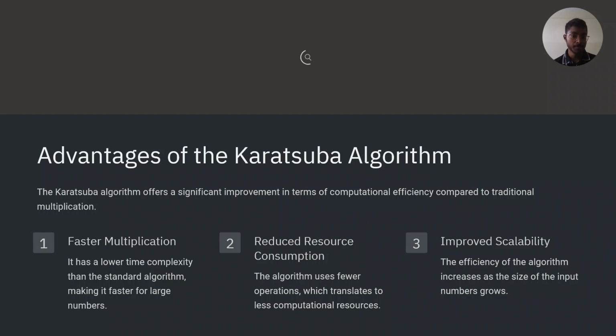Faster multiplication: it has a lower time complexity than the standard algorithm, making it faster for large numbers. Then reduced resource consumption: the algorithm uses fewer operations, which translates to fewer computational resources. It also offers improved scalability.